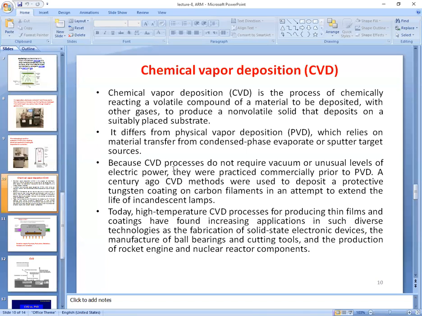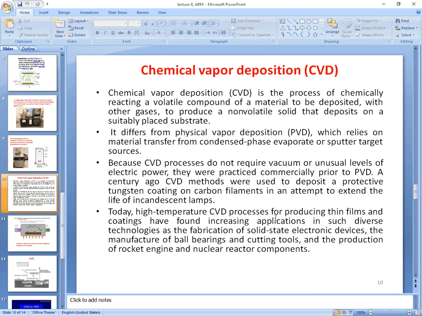Because CVD processes do not require vacuum or unusual level of electric power, they were practiced commercially prior to PVD. A century ago, CVD methods were used to deposit a protective tungsten coating on carbon filaments in an attempt to extend the life of incandescent lamps.